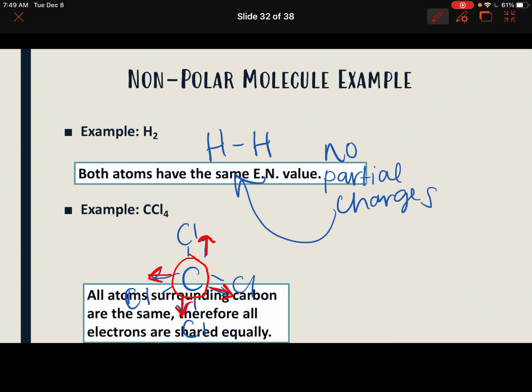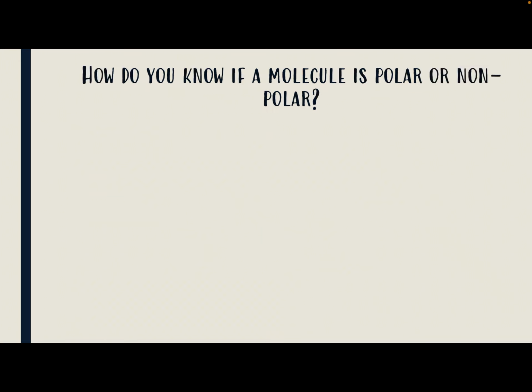So it kind of cancels out. All atoms surrounding carbon are the same. Therefore, the electrons are shared equally. So this would also be considered nonpolar because they are sharing the electrons equally.